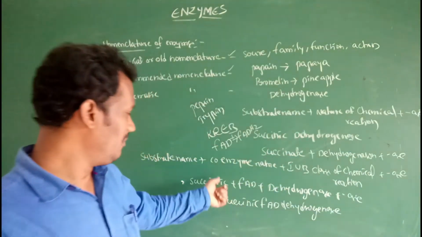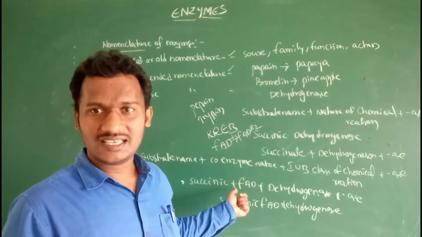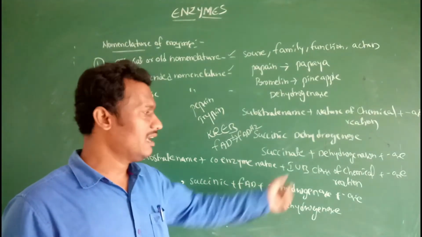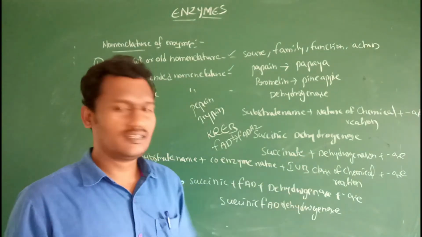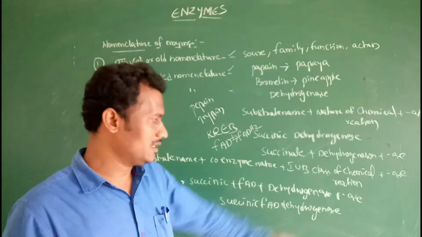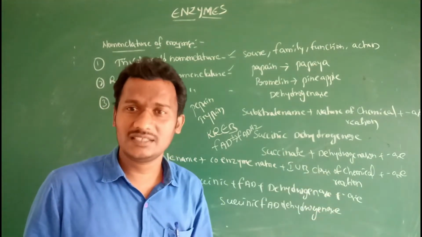Here the substrate name is succinate, succinic acid. Then the coenzyme is FAD. Then the type of the chemical reaction is dehydrogenation, removal of hydrogens. Then the suffix word.